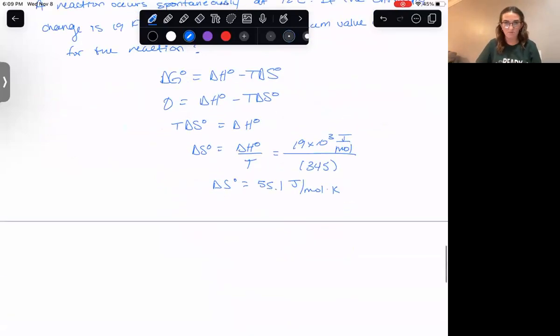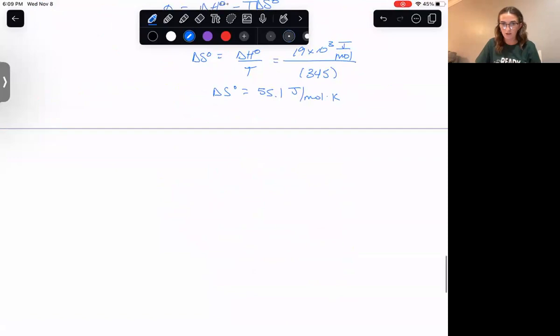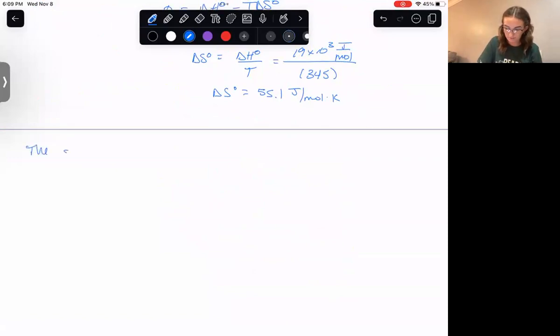Okay, and then there are no questions on that one. The last portion of this is the sublimation.